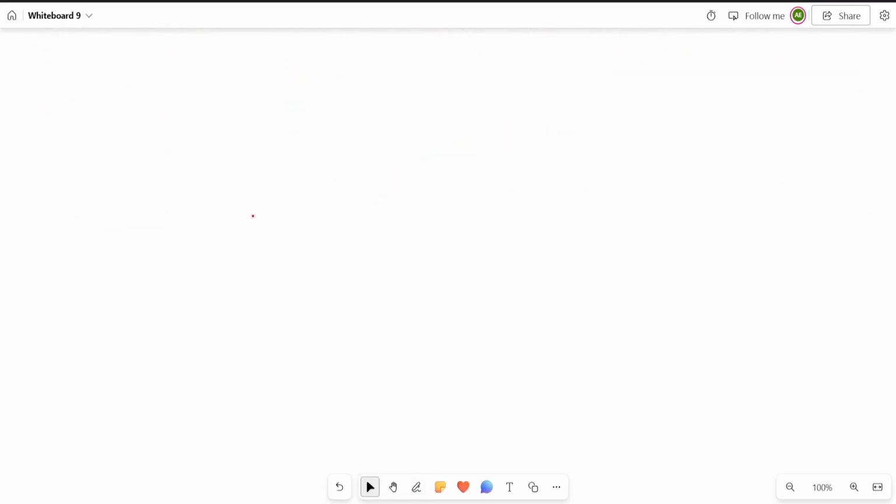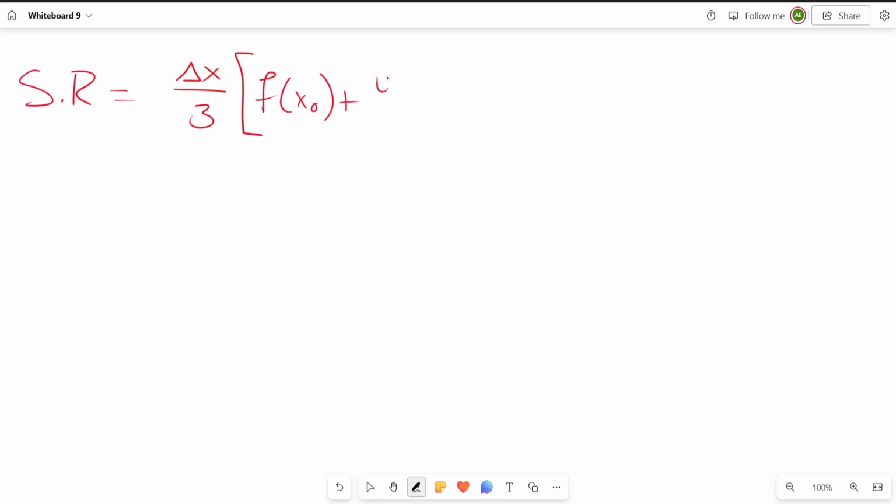Okay, the last rule is going to be Simpson's rule, and it goes like this. Simpson's rule formula is equal to delta x over 3 multiplied by f of x0 plus 4f of x1 plus 2f of x2, and then we keep on alternating 2 and 4.